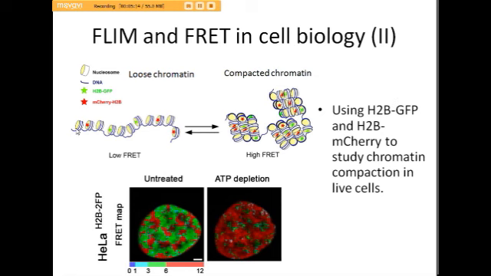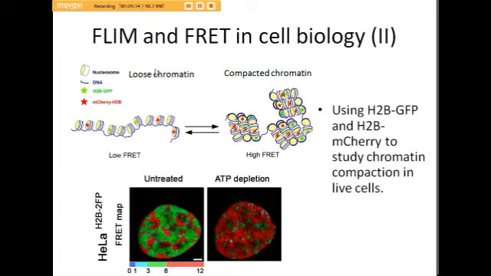Here is a chromatin, a loose chromatin. This is a nucleosome, and these are DNA. Some nucleosomes are labeled by GFP-linked histone 2B, some by mCherry-linked histone 2B. This is all stochastic.